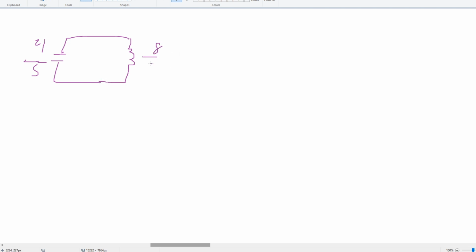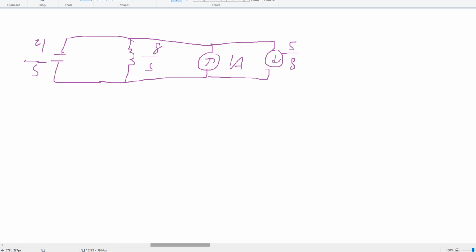They're in parallel. 8 over S. And then we have one current source that goes like this, and that's going to be 1 amp. We have another current source, this time facing down. This is going to be S over 8. S over 8. And then we have the resistor and the voltage source, which I forgot to draw.